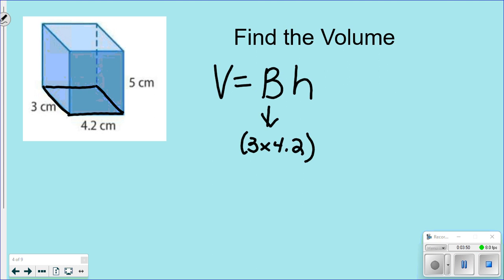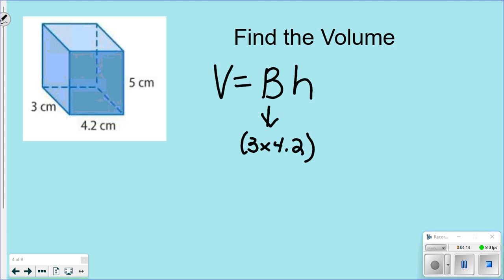Now the reason why I have to multiply by the height: when I find the area of the base and then multiply by 5, that means that I can fit 5 base layers inside of this thing. So that's why I have to find the area of the base and then multiply it by the height, because that height is telling me basically how many layers I have of that bottom one.